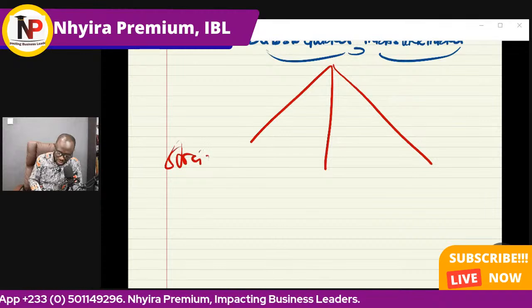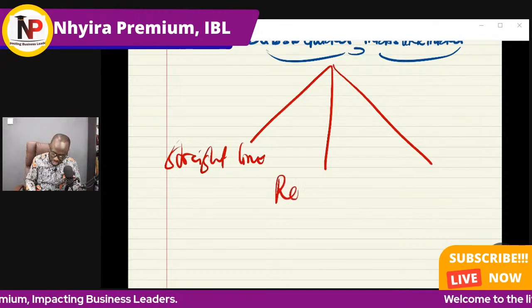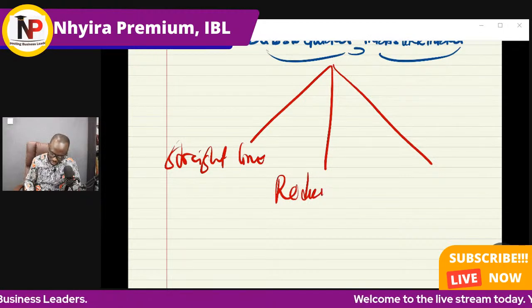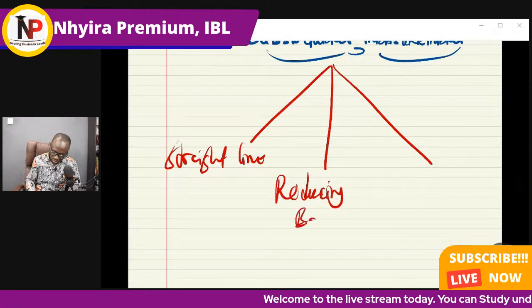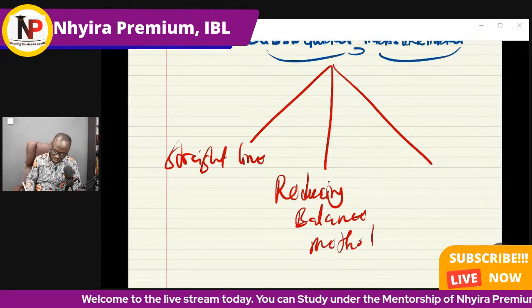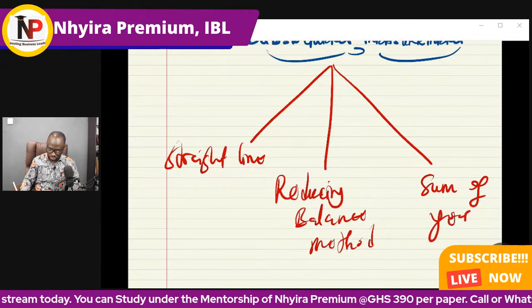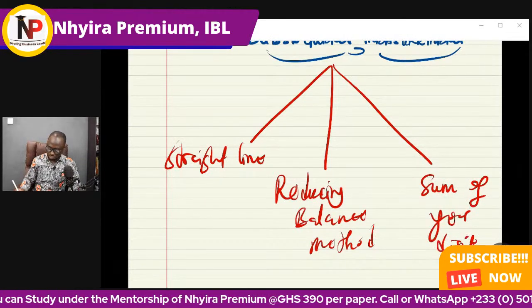There is the straight line method. There is the reducing balance method. And there is the sum of years digits method.